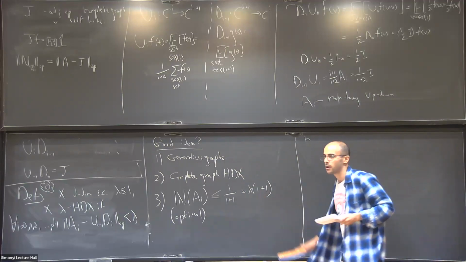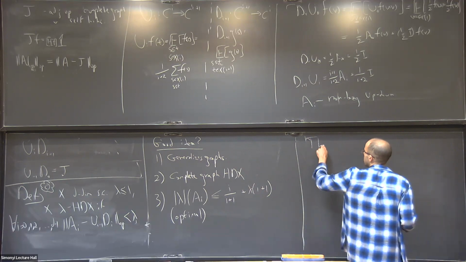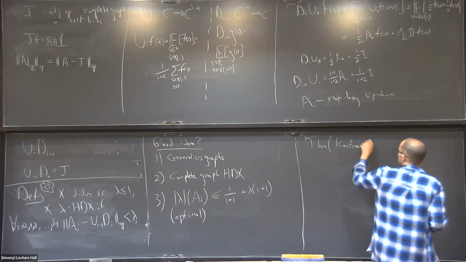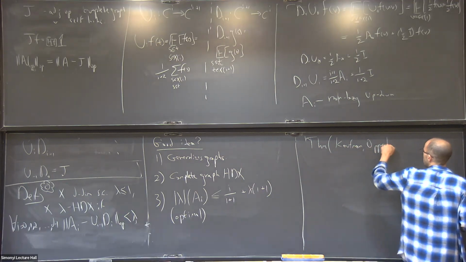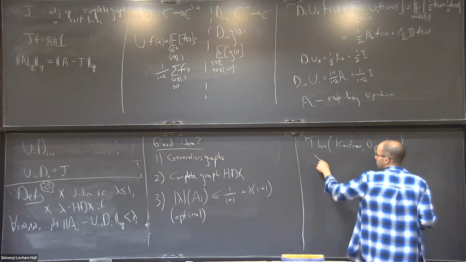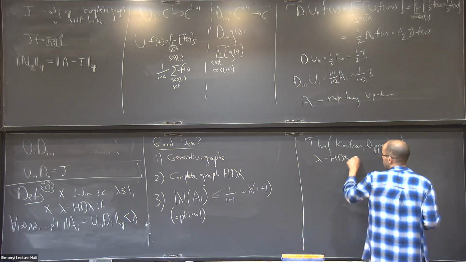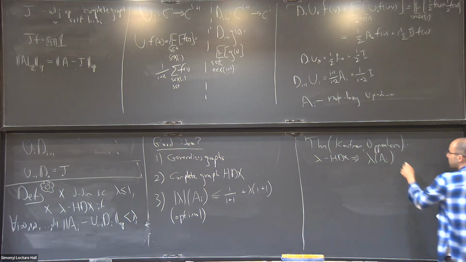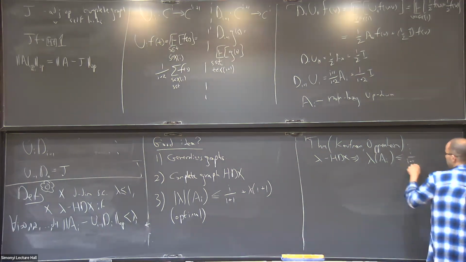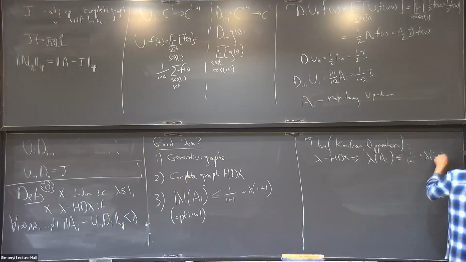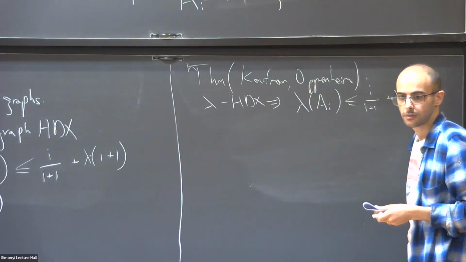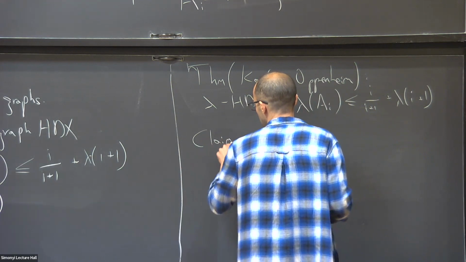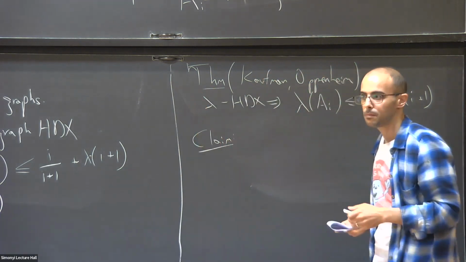This is actually a theorem by Tali Kaufman and Izhar Oppenheim, where if X is a lambda high dimensional expander, then the spectral expansion of these non-lazy upper walks is at most i over i plus 1 (times lambda). Yes, and I will also say as a claim, this is not a theorem, this is quite simple.